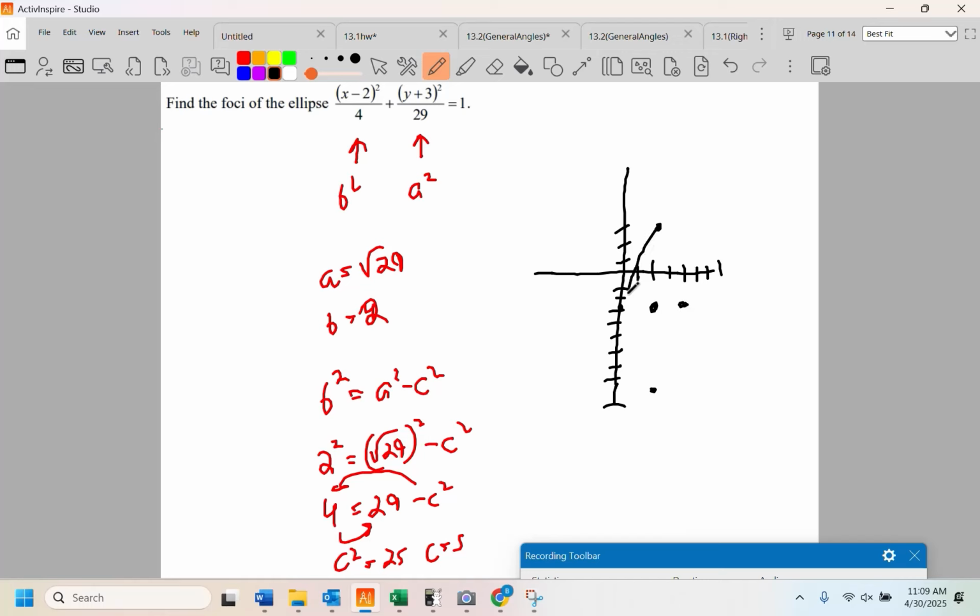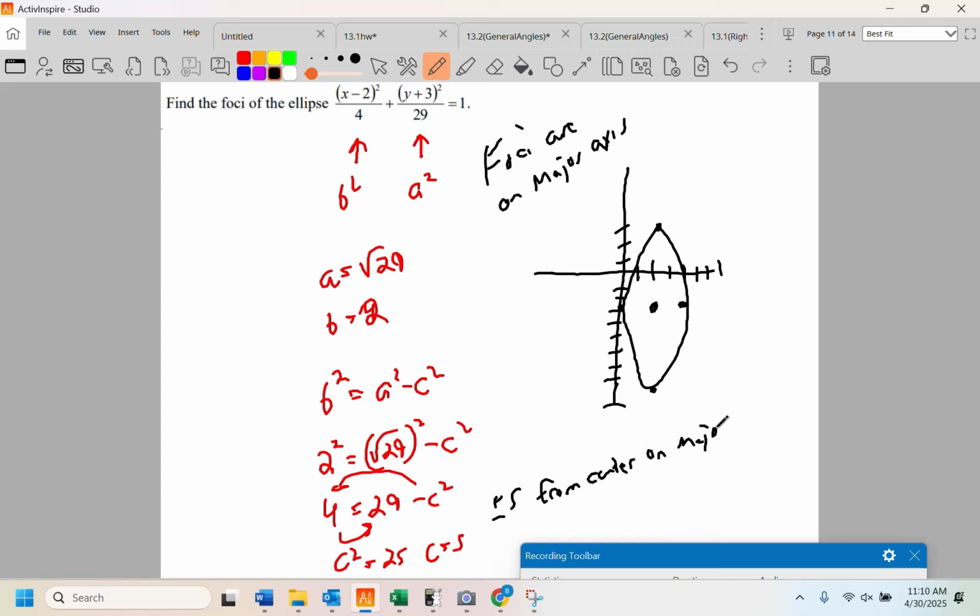And the reason I'm drawing this is because you need to understand that foci are on the major axis. So the foci are going to be plus or minus 5 from the center on the major axis.